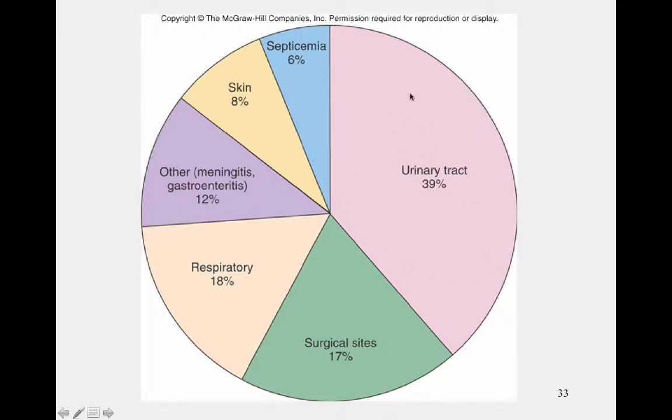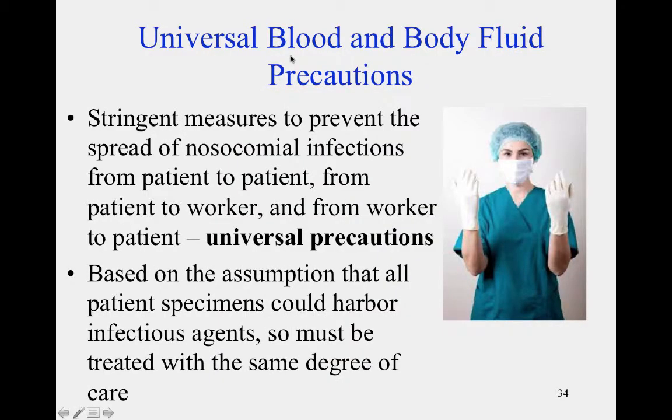So 39% of these infections are usually from the urinary tract or UTIs, also surgical sites, respiratory, some meningitis, GI, skin, and also cases of sepsis. So it's so important, and I know you guys are going to be taking a bunch of classes that will teach you how to practice these universal precautions, but these are a very stringent set of measures to help prevent the spread of hospital-acquired infections.